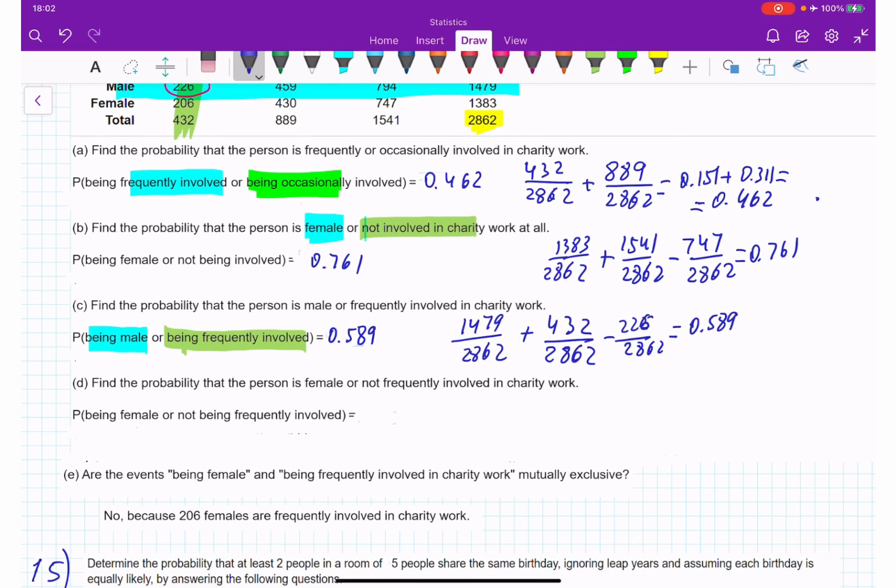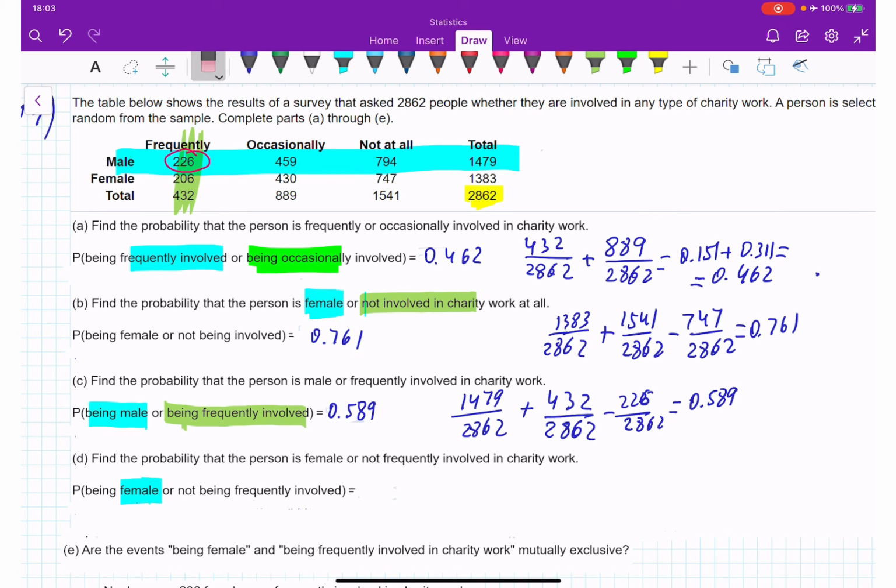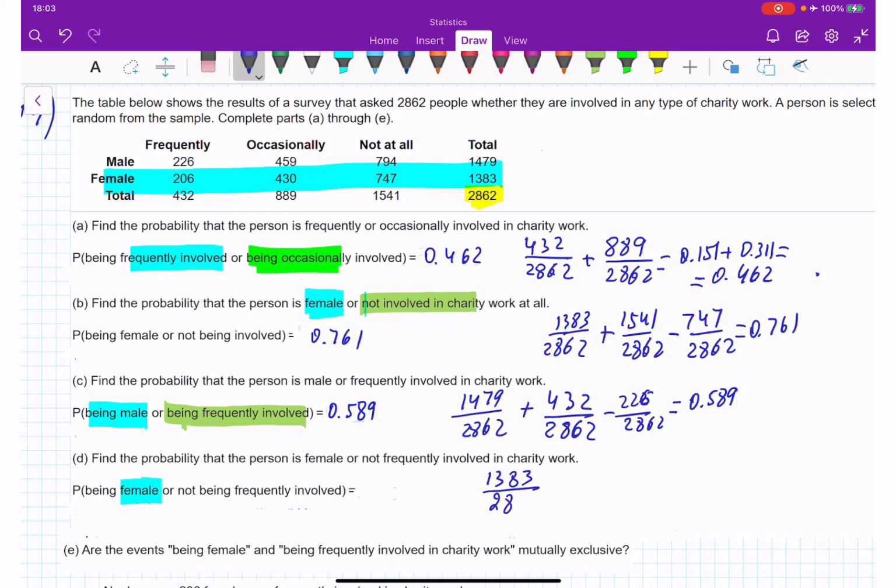Question number D. Find the probability that the person is female or not frequently involved. So female. Where is female? Let's clean this. Female, it's coming this way. 1383, let me write down, over 2862.